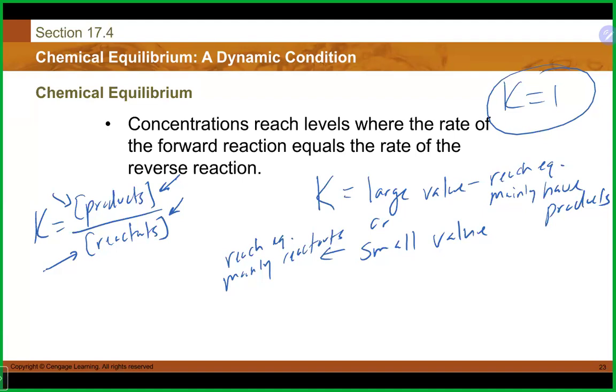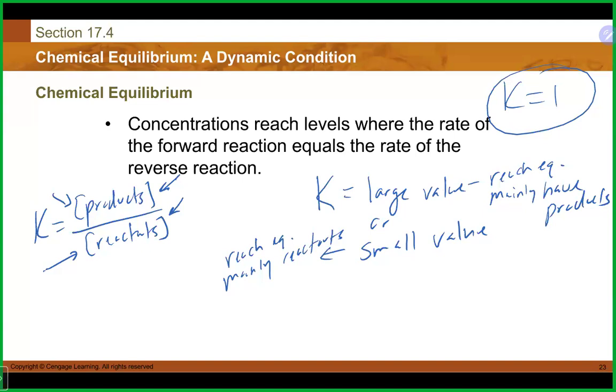There are definitely extremes to this. You could have an equilibrium constant that's like times 10 to the 54 power, which is super large, which means you pretty much have all products, no reactants happening in that case. You could have a really, really small value of K, like times 10 to the minus 34, which basically means you've got all reactants. That reaction is really not occurring.